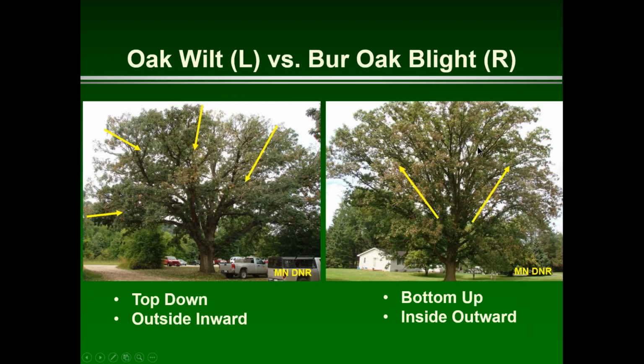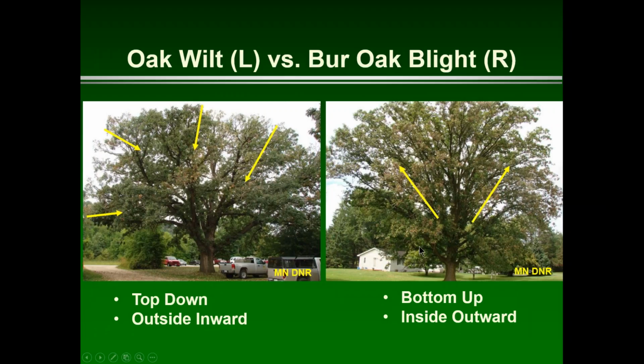The foliar symptoms of BOB, on the other hand, tend to form in the more humid parts of the tree, which tends to be the lower canopy and the inside leaves, and they tend to work outward.